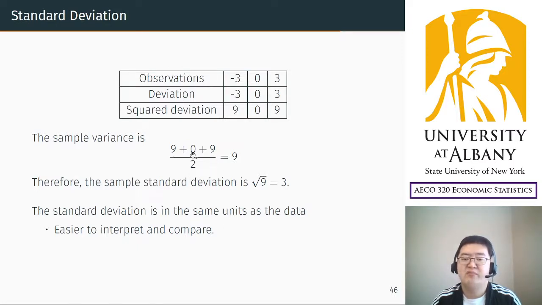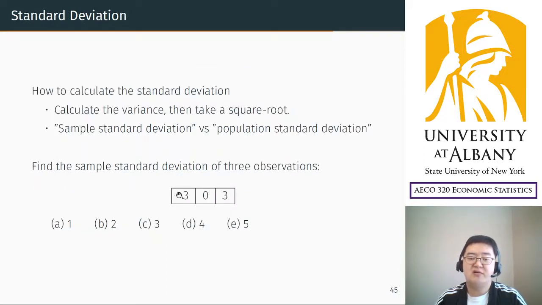So it's 9 plus 0 plus 9 divided by 2, which is simply 9. And so this is the variance. This is how you calculate the variance. And then to obtain the standard deviation, simply take the square root of this. It becomes 3.